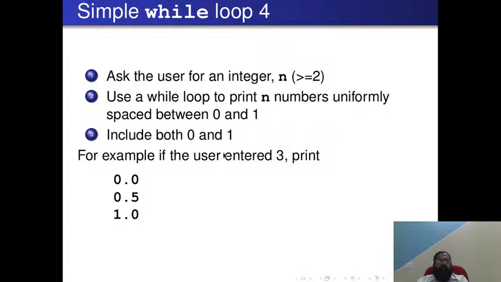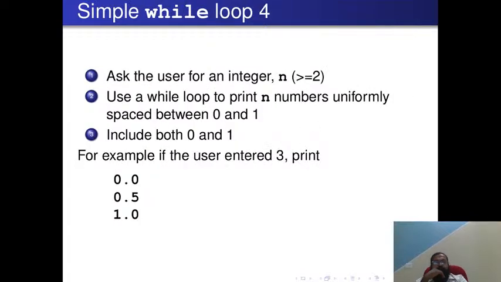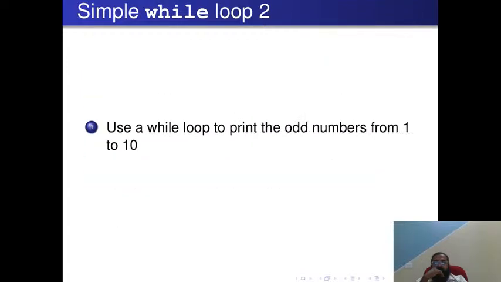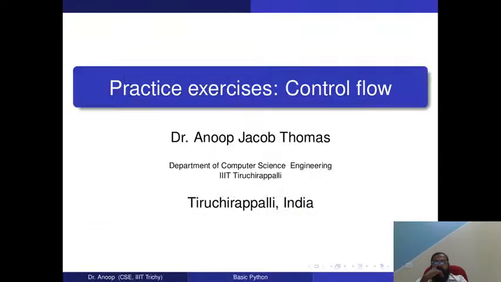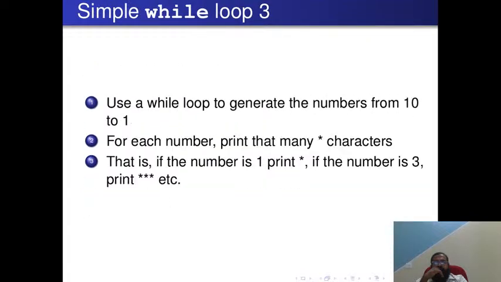For example, if the user entered 3, you have to print 0.0, 0.5 and 1.0. If the user entered 2, we will print 0.0 and 1.0. Is that okay, students? So we have some exercises on if and then while.